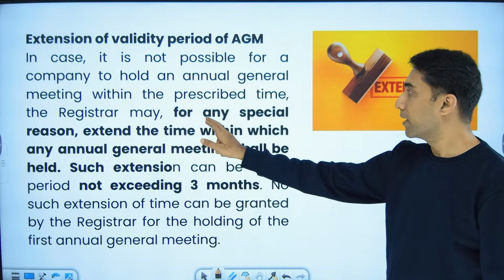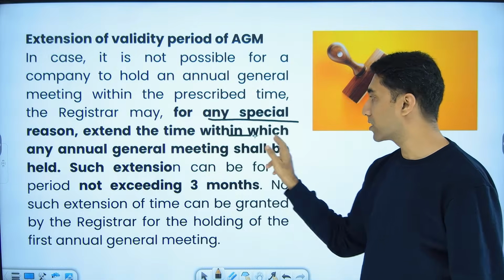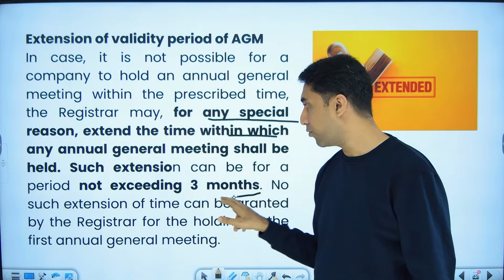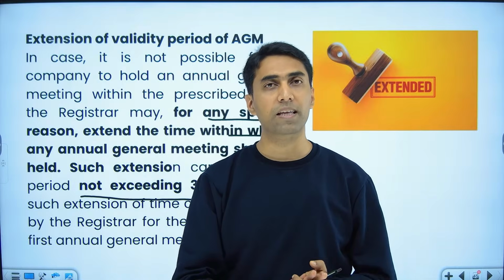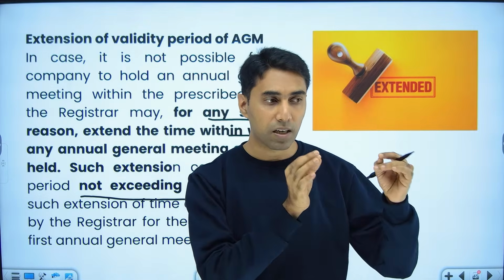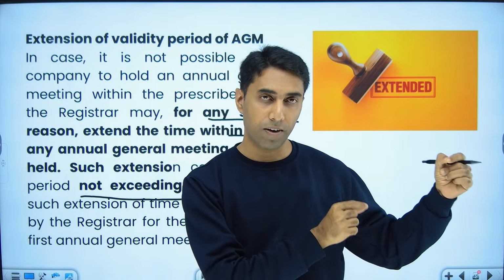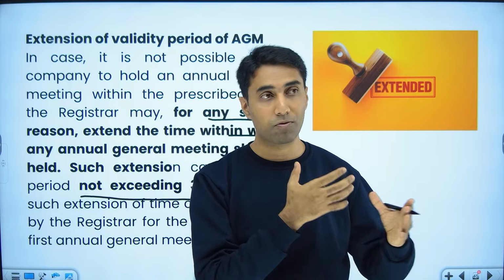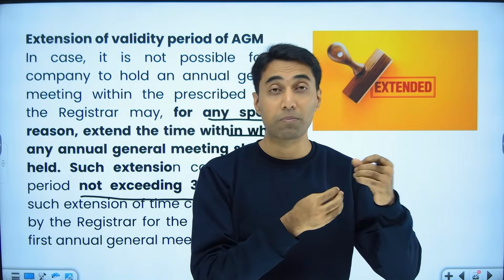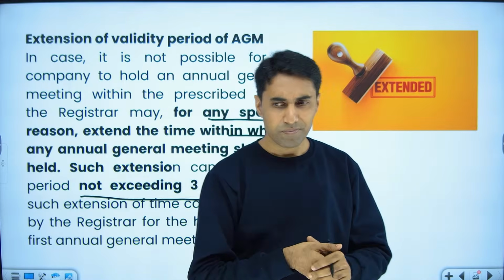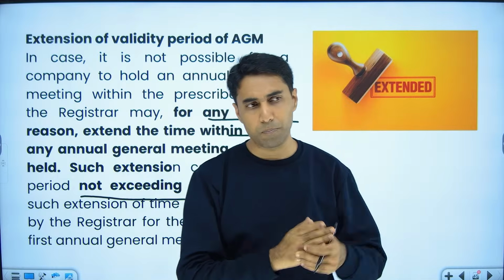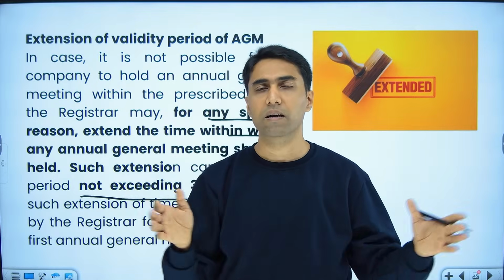Next, for any reason, if you want to extend the AGM, you can apply for an extension up to 3 months, but you need a valid reason. So you say that my last date for AGM was 30th September 2025, but I could not hold it for various reasons, or I'm not able to hold it before that; only then you should tell. See, now we are at the end of August, so 30th September is the last date. Suppose there is a company and they know they can't hold the AGM before 30th September.